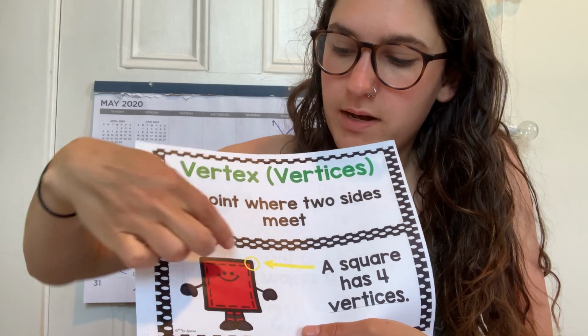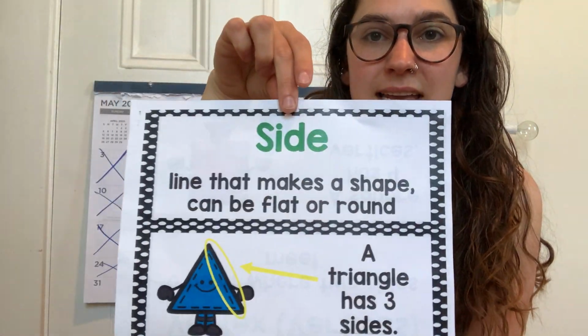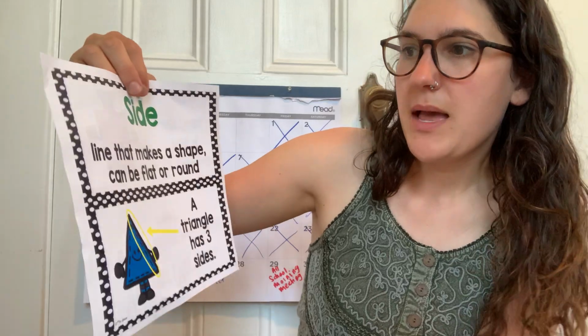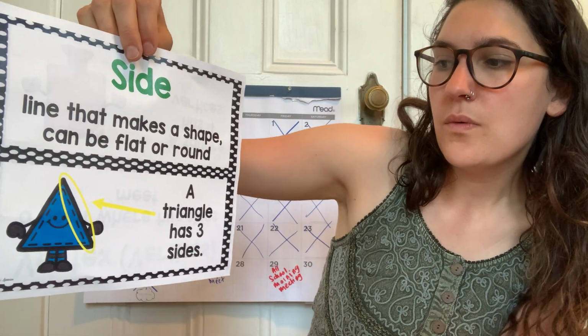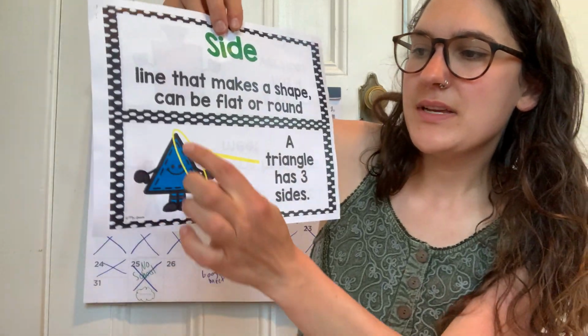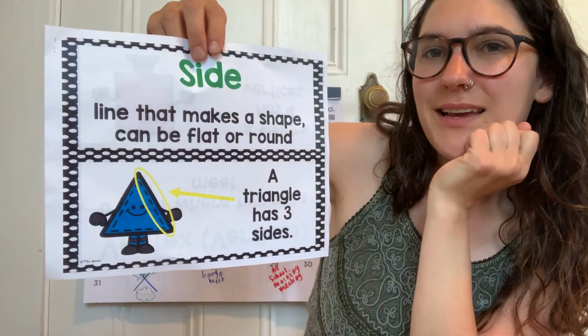I can count 1, 2, 3, 4, just the corners. And then here's a side, which is also for a 2D shape. It's a line that makes a shape, and it can be flat or round. A triangle has 3 sides. It has 1, 2, 3.